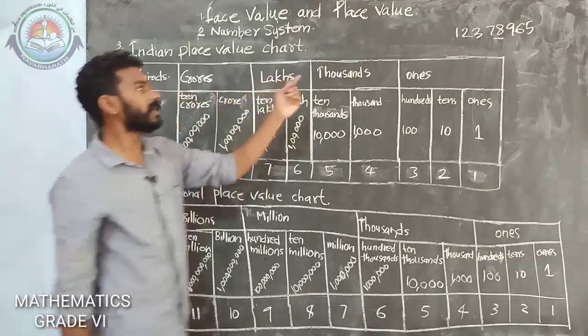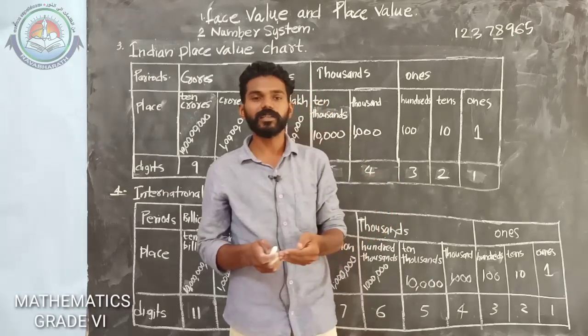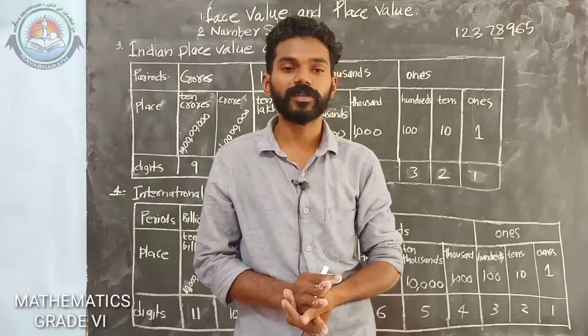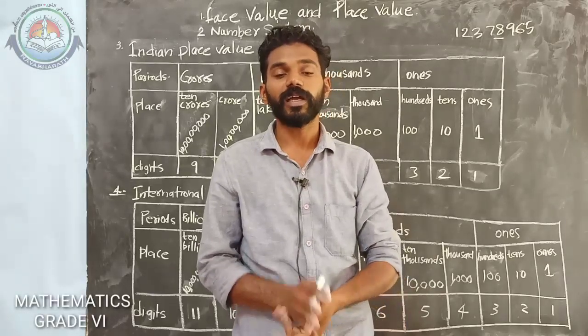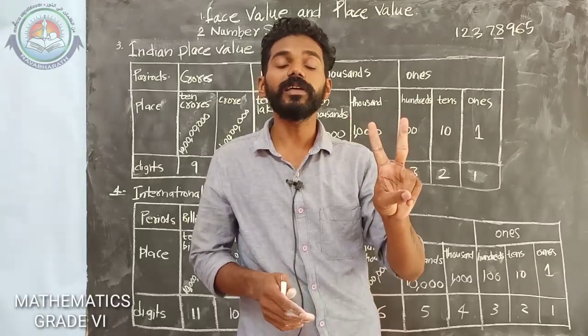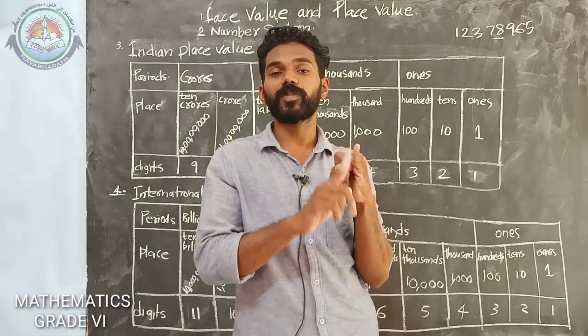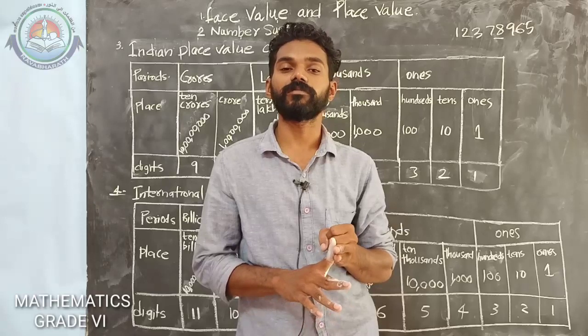To define place value, we have certain systems in mathematics called number systems. Today we are going to study two different number systems: the Indian number system and the international number system.